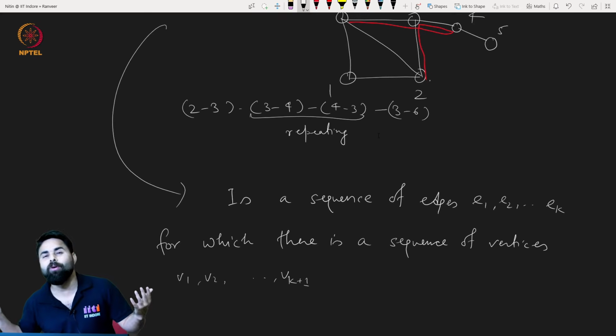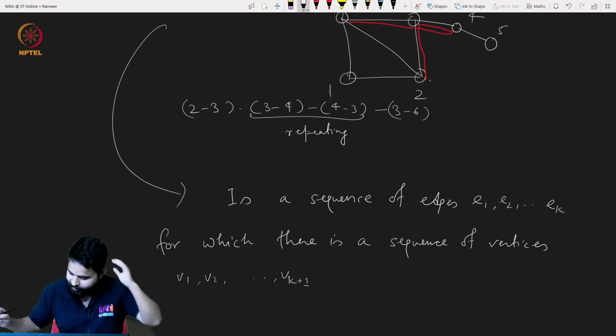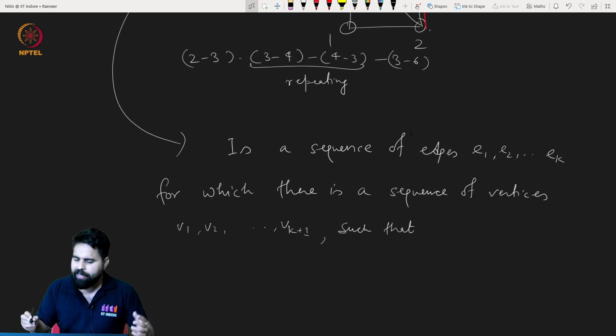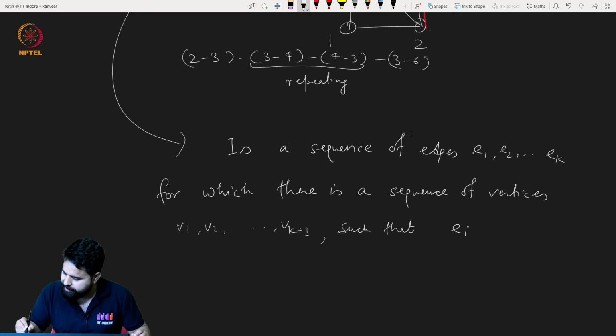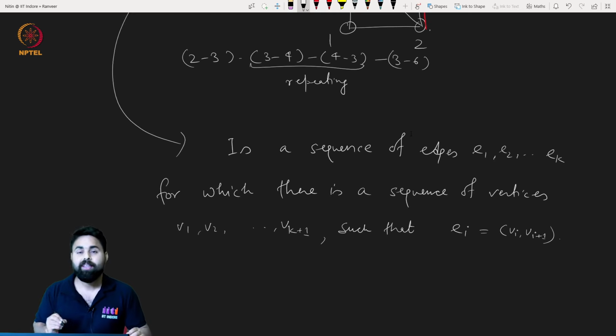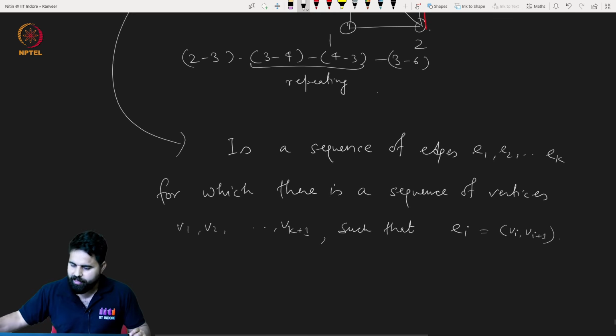Remember, there will be just one more vertex. Such that Ei is nothing but the endpoints Vi and Vi plus 1, for all i, where i varies from 1 to k. So this is a walk.